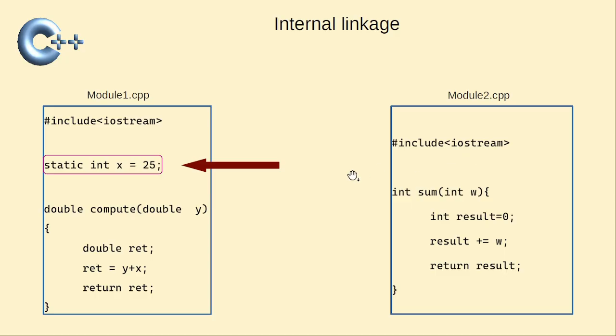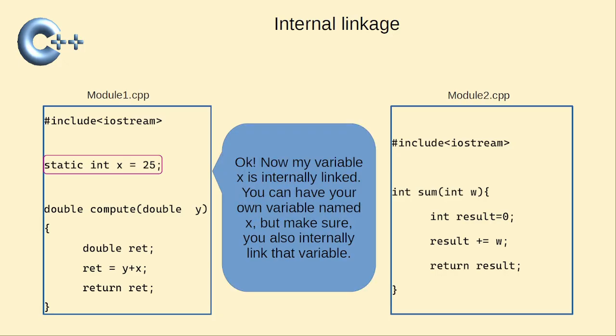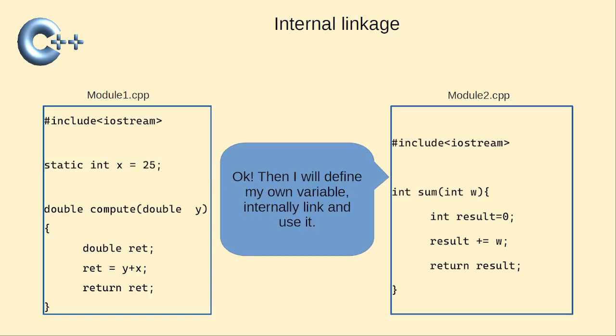Having inserted the static keyword, it says okay, now my variable is internally linked. You can have your own variable x, but make sure you also internally link that variable. Now module 2 says okay, then I will define my own variable, internally link it, and use it.